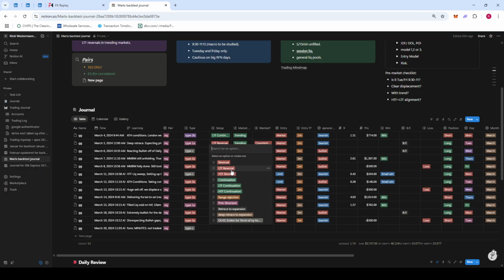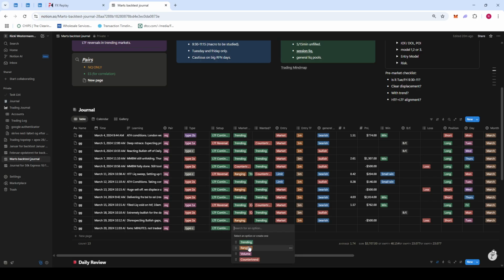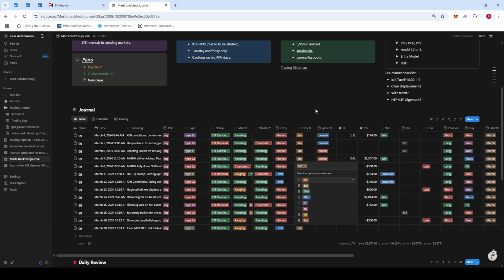So I'm trying to take lower time frame continuation, right? Ranging. I wanted trending. It was a limit under the 5 minute. Bullish for the day.